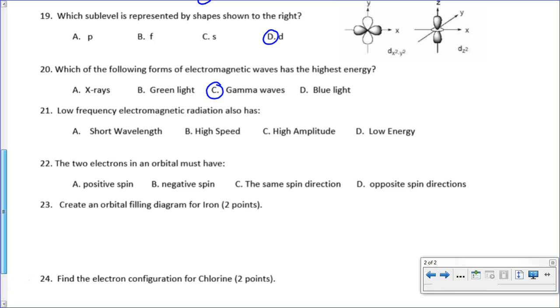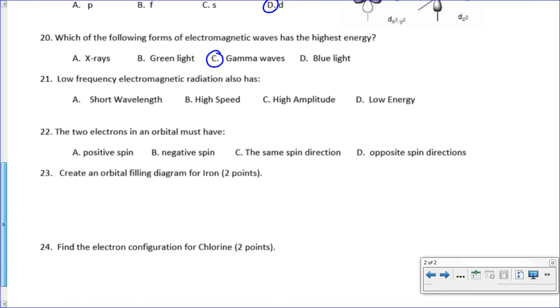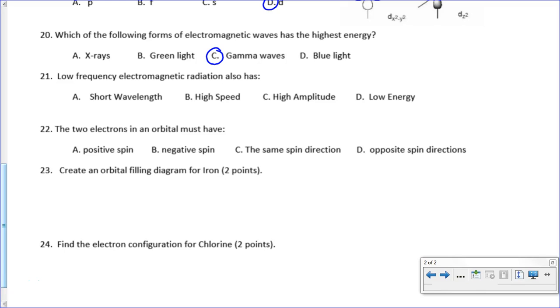Gamma waves is the highest. Low frequency electromagnetic radiation means low energy. Wavelength is the opposite, so low frequency means long wavelength. That's how that goes.